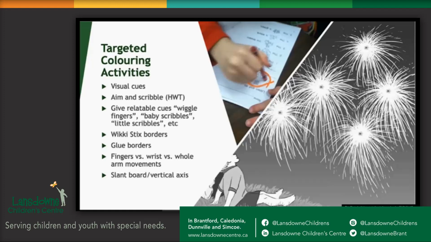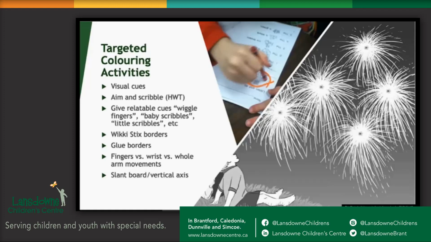Wikki Stix as borders, so again, they get that proprioceptive feedback. Oh, I went too far, okay, and then coloring back in the borders. Similarly, you could do glue borders, so do up a bunch of sheets at the same time, outline them in glue, and then those will be for all your kids that have difficulties with fine motor, the pencil control.